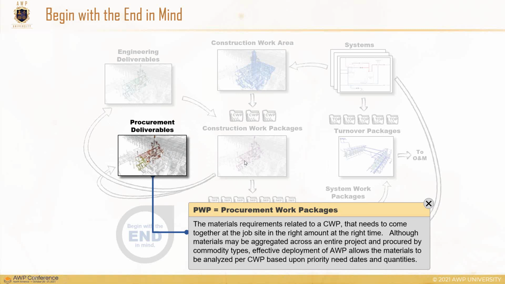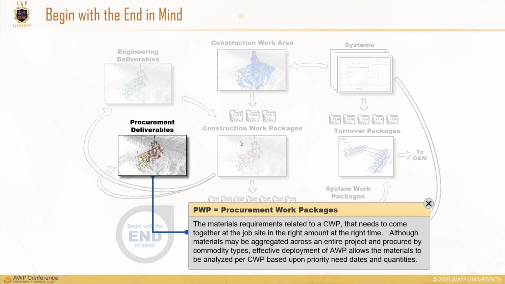Obviously, it's a requirement. The basis of AWP is that we don't send packages to the field unless they are constraint-free and can be completed. That's the first level of constraint analysis of materials against the CWP and how that affects our scheduling for that CWP.